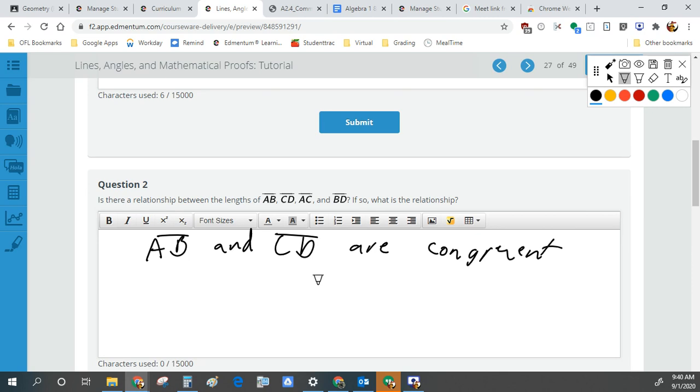Another thing we could say is something like the measurement of AB is equal to the measurement of CD. This would be like how we would start a proof. The measurement is equal to that.